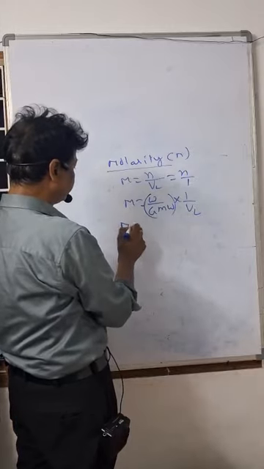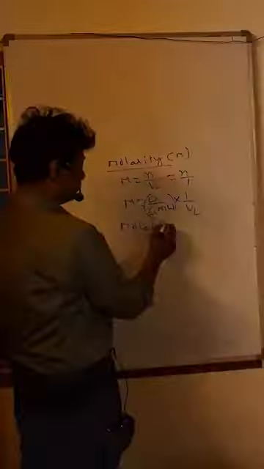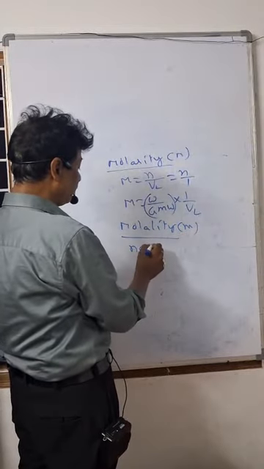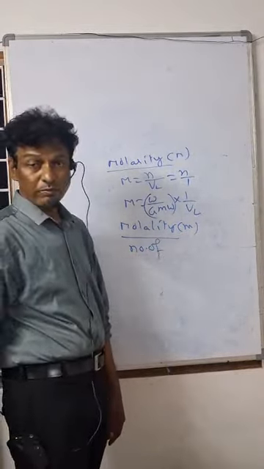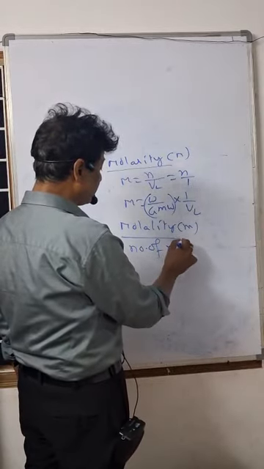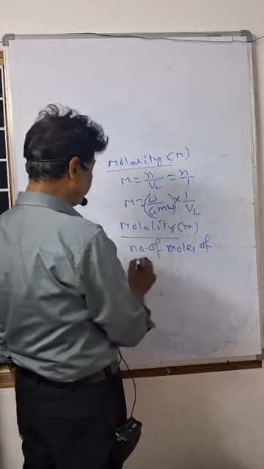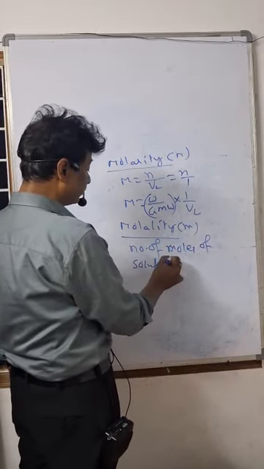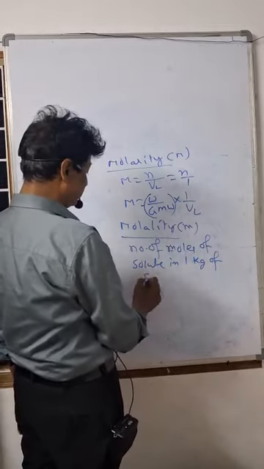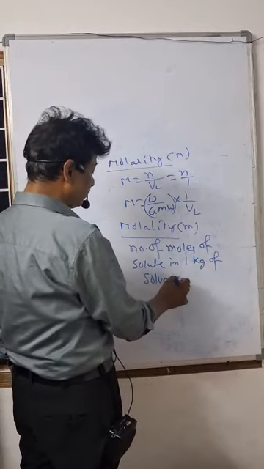Molality, small m: number of moles of solute in 1 kilogram of solvent. In both cases we take moles of solute. Here we don't take solution, we take solvent.